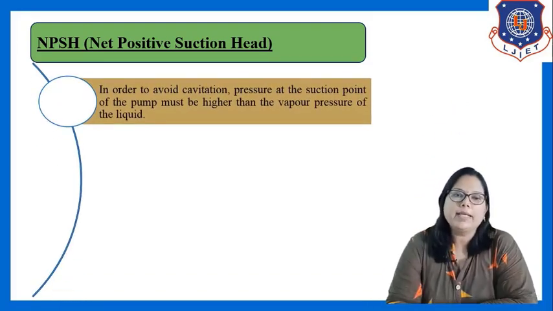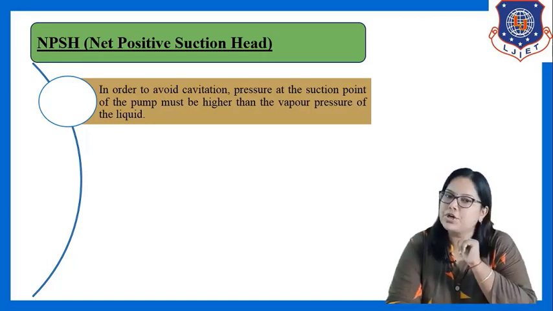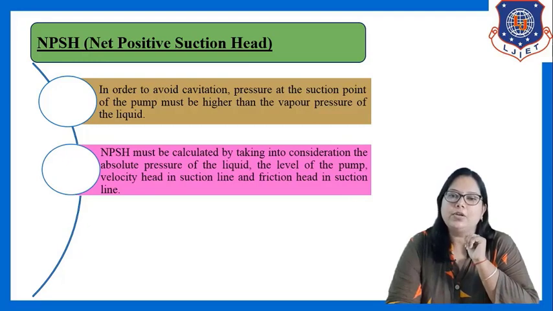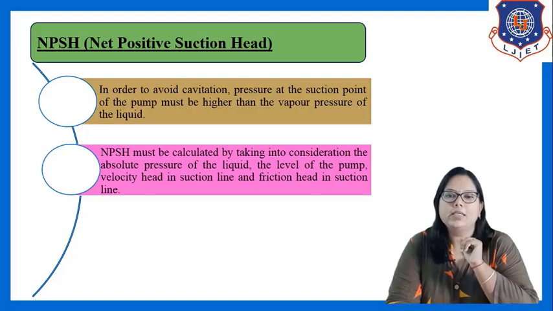In order to avoid cavitation, the pressure at the suction point of the pump must be higher than the vapor pressure of the liquid, as I told you. And NPSH must be calculated by taking into consideration the absolute pressure of the liquid, the level of the pump, velocity head in the suction line and friction head in the suction line.